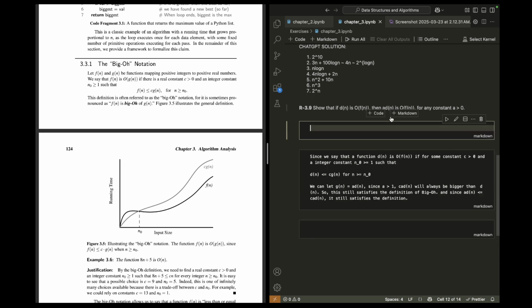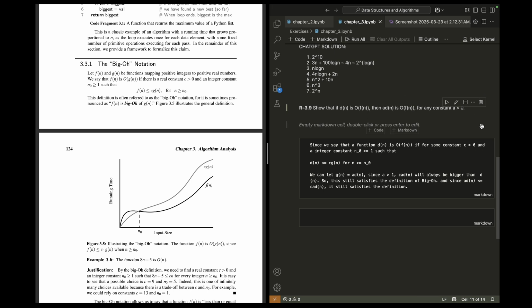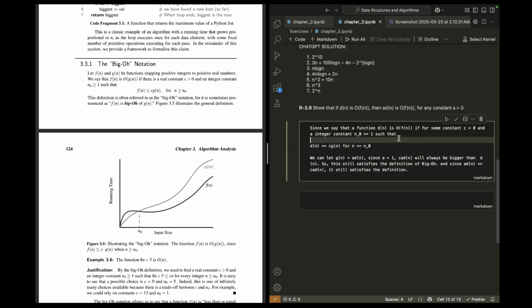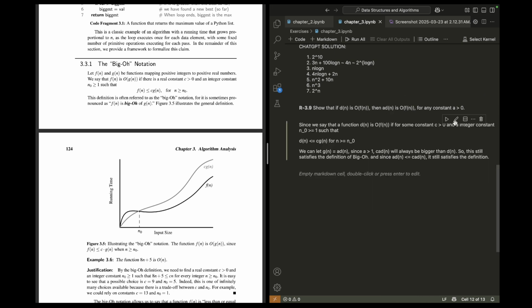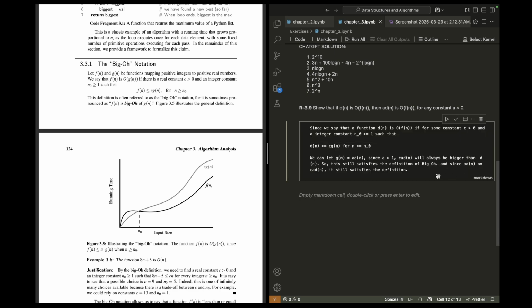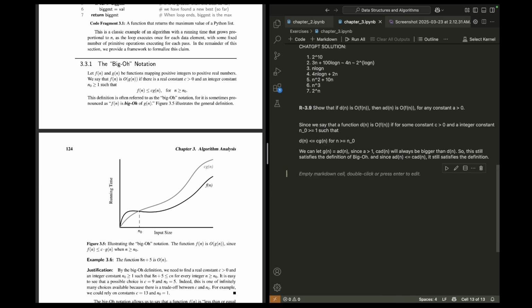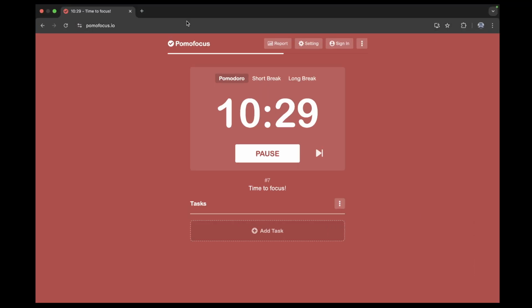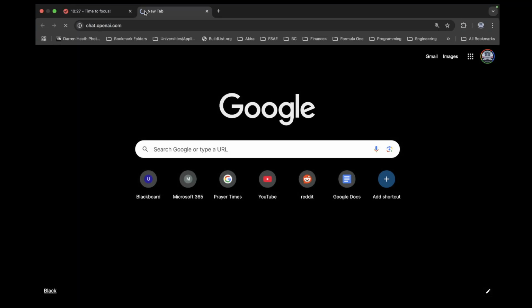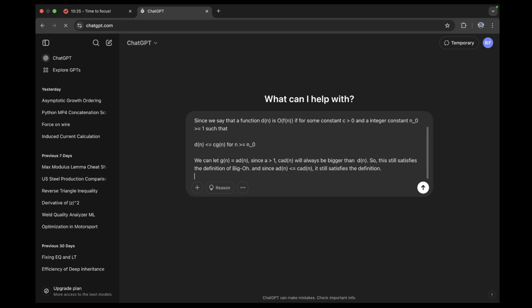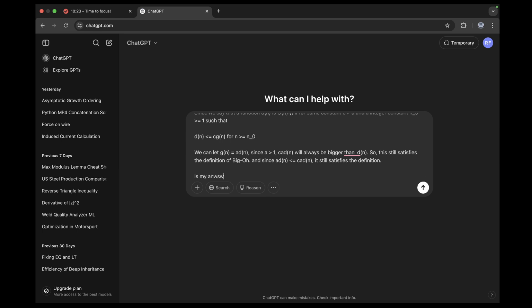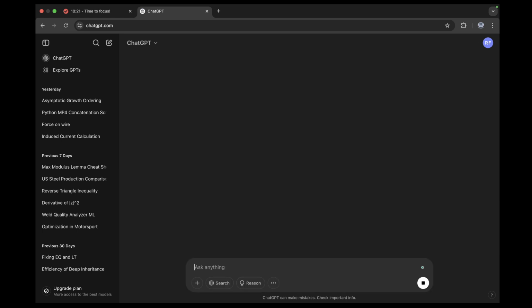Yo, this might be the most chopped answer in history. I'm gonna ask ChatGPT what it thinks. Is my answer correct?